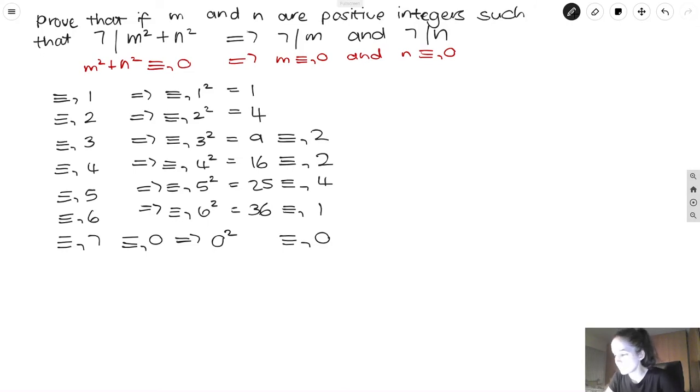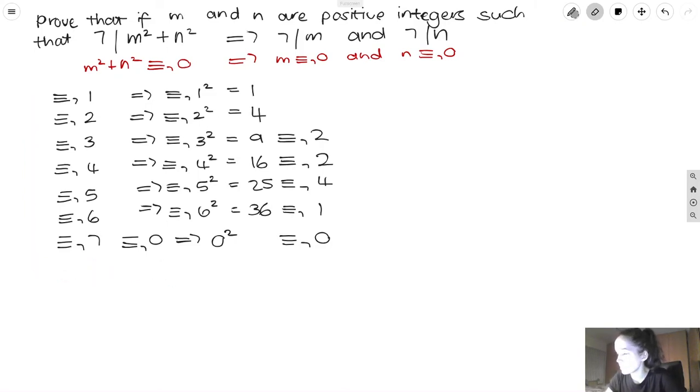After 7, there's going to be 8. What you'll notice about 8 is that 8 is also 1 mod 7. So in other words, this case is going to be the same as this case, so we don't even need to consider it.